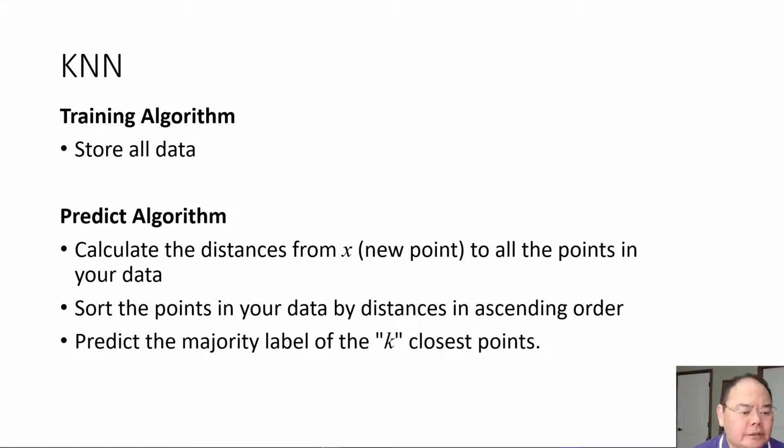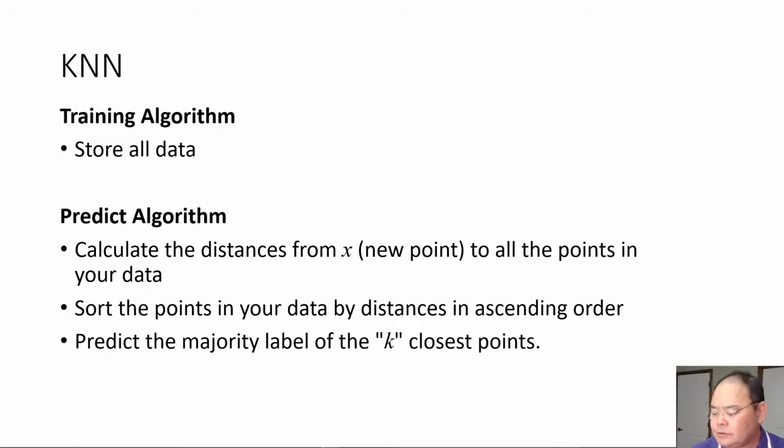We sort the training points by distance in ascending order, and then predict the majority label of the k closest points. Basically, inside a certain neighborhood, how many male and how many female points are there, and I take the majority of those.